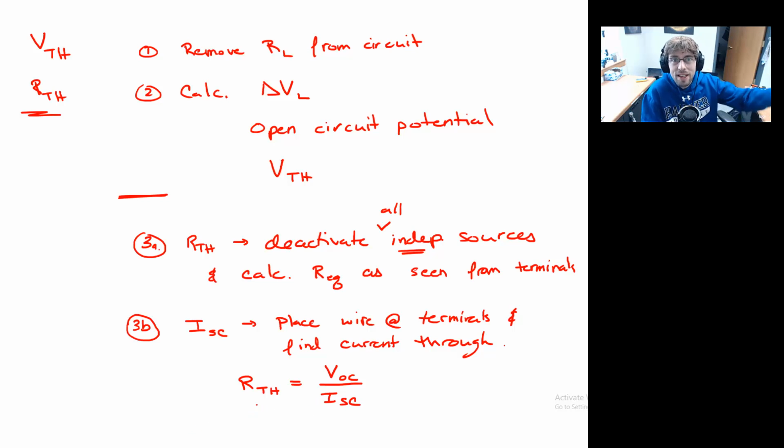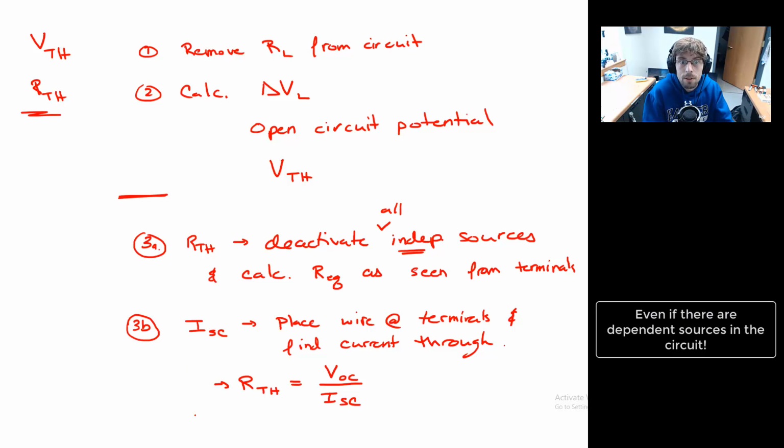So that's a way of getting it, if you will, indirectly. Find the open circuit potential, find the short circuit current, and take the ratio of the two. That will also give you the Thevenin resistance. So those are two different ways of doing it: directly 3A or indirectly 3B.